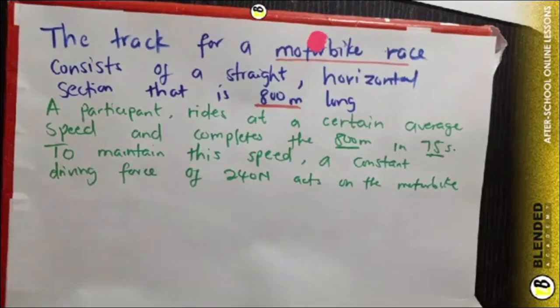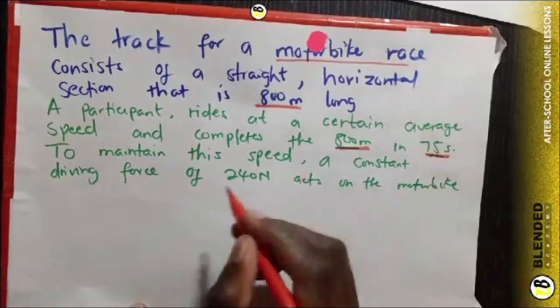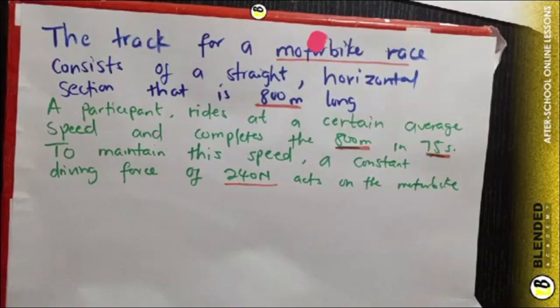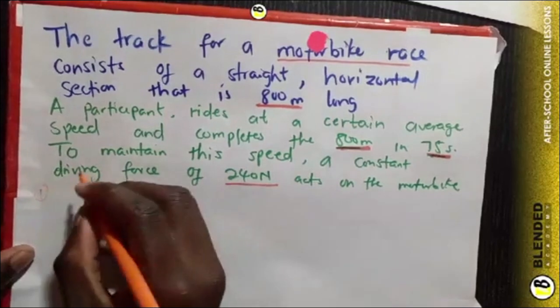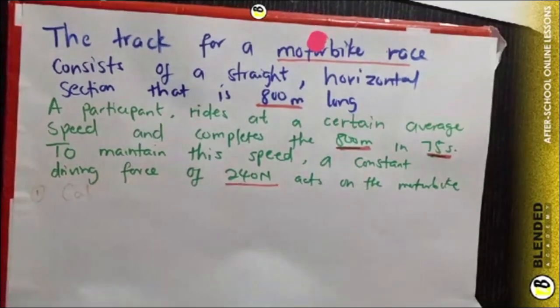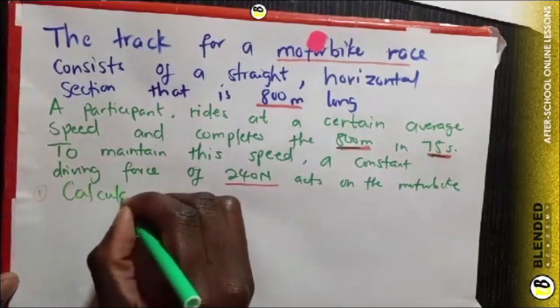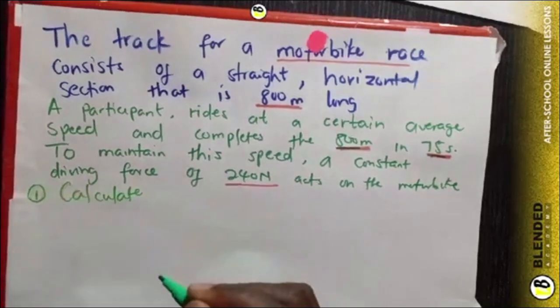So we're also given the force that's acting on the motorbike as it's running along this 800-meter track. Okay. So now the question says, we need to calculate here now. That's the question that we have now.